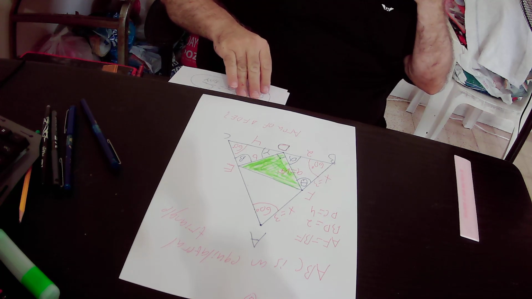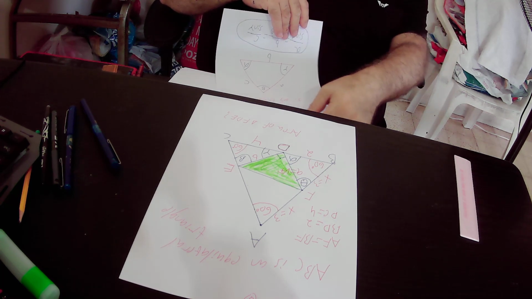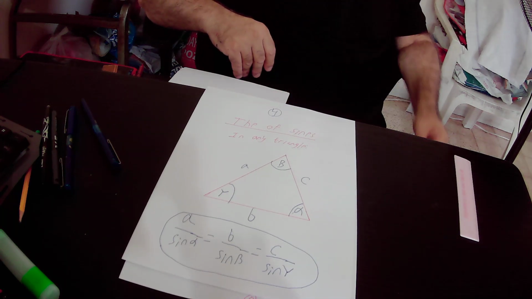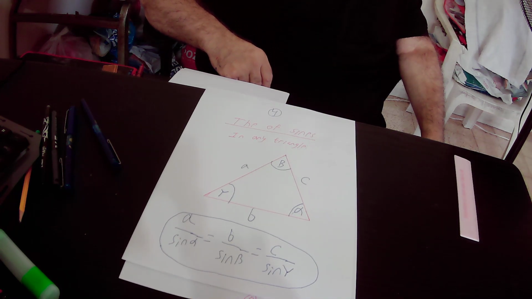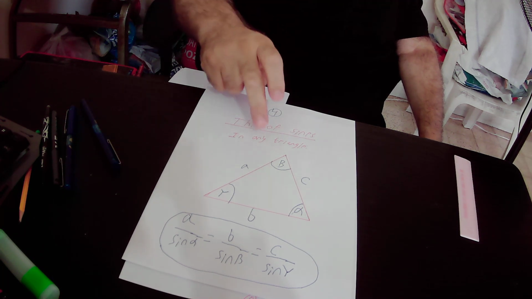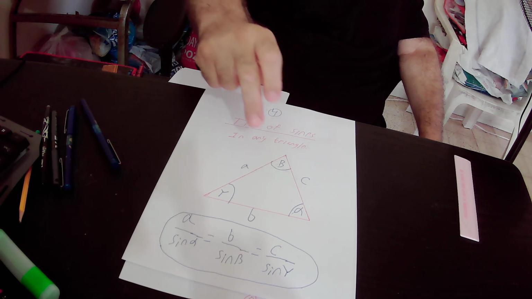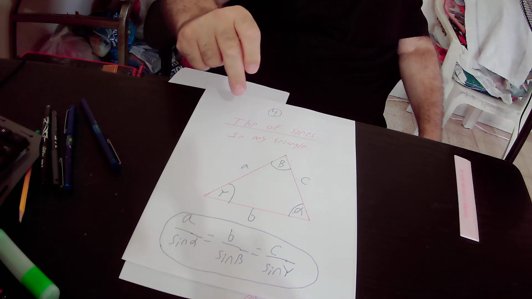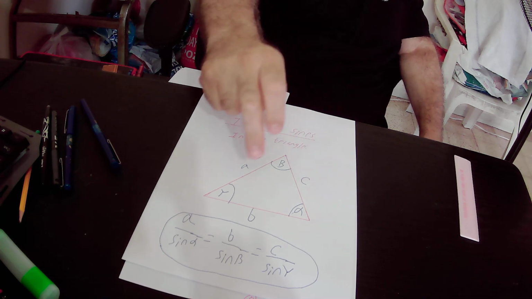What is the law of sines? The law of sines applies to any triangle. In any triangle, a over sine alpha equals b over sine beta equals c over sine gamma.